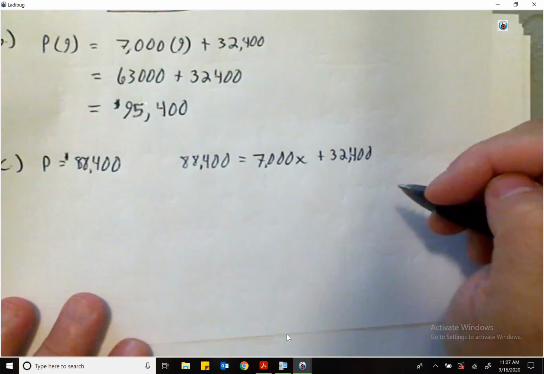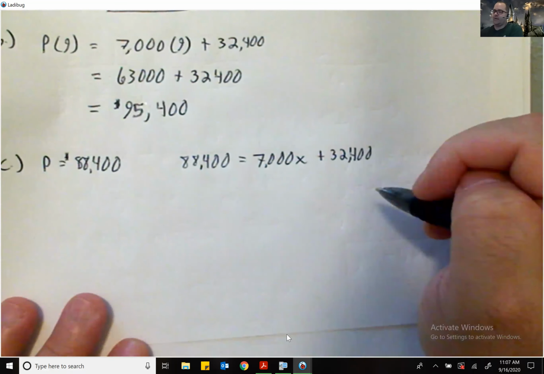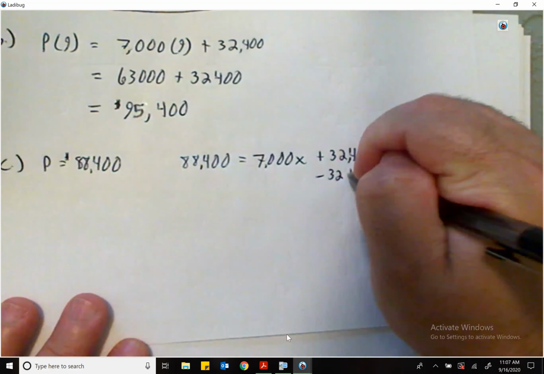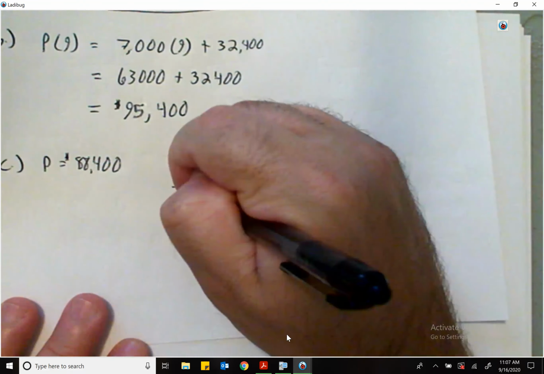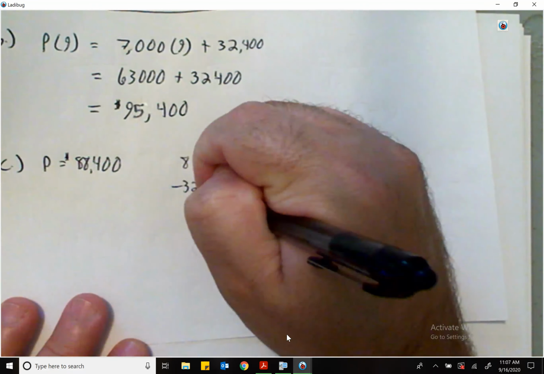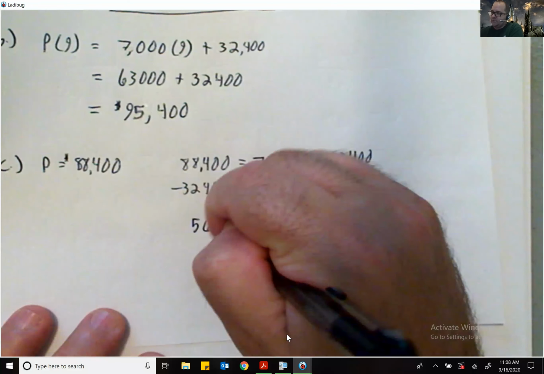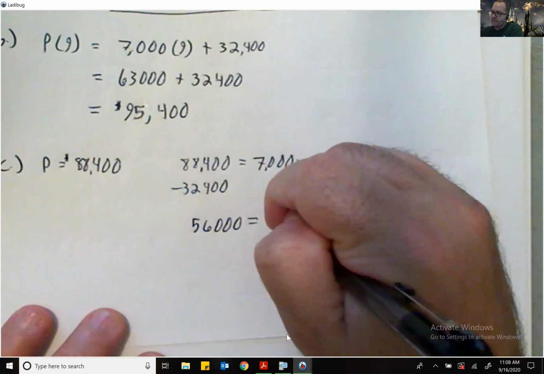Subtract 32,400 on both sides. Yes. Subtract the 32,400. So 88,400 minus 32,400 gives us 56,000 equal to 7,000x.